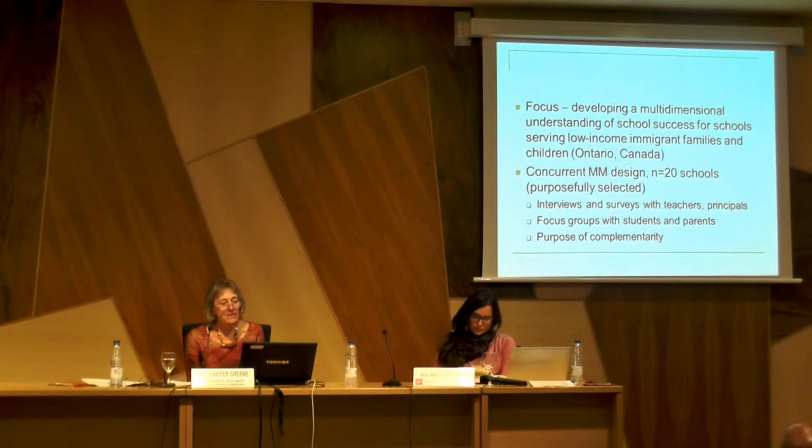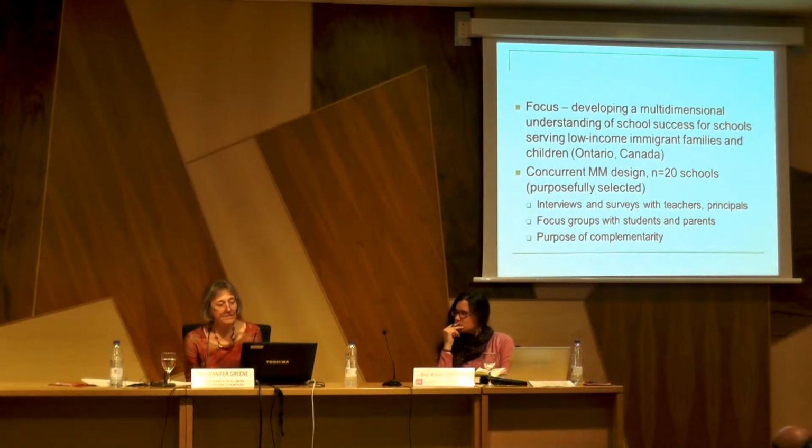And they received some funding from the government to develop a multidimensional understanding of school success for schools that serve low-income immigrant families and children. I think Toronto is one of the most diverse cities in the world. I hear this.